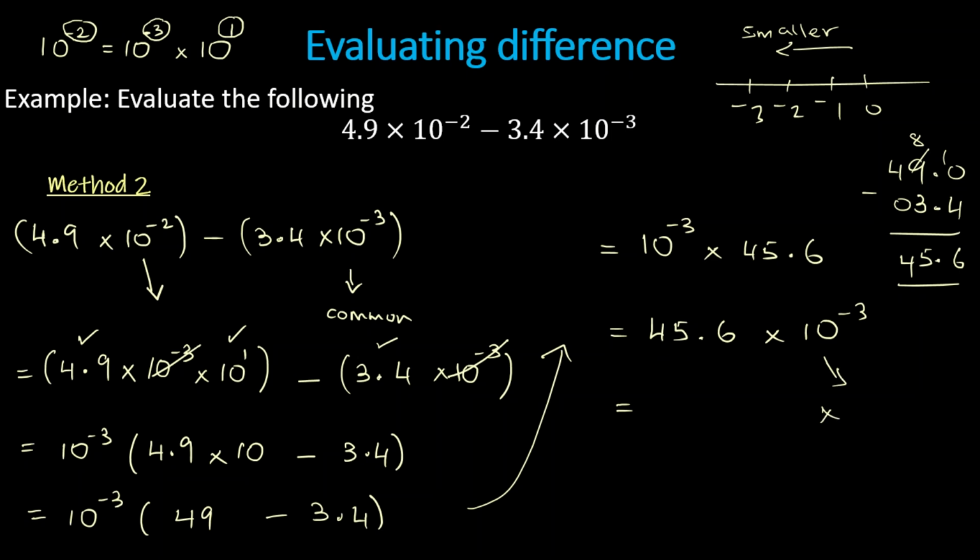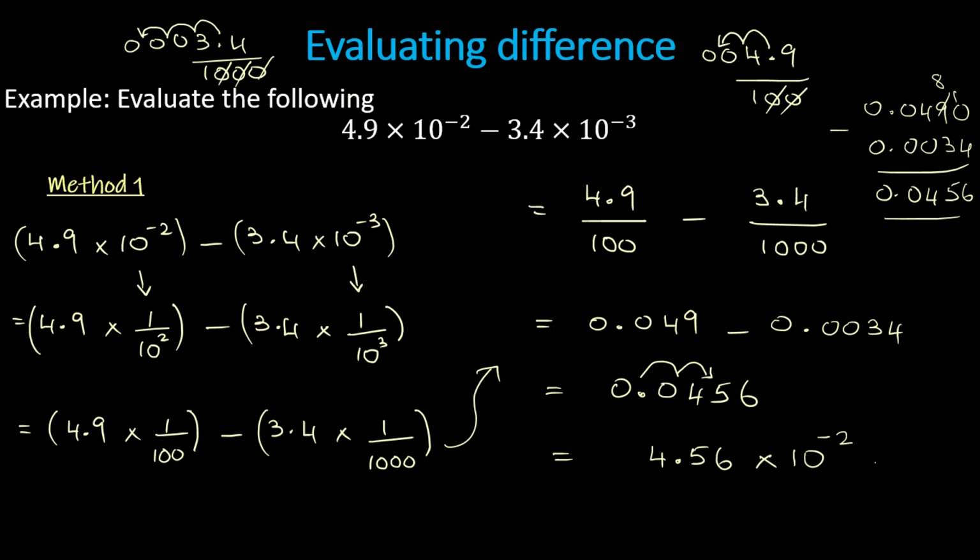We keep the 10 power negative 3, right? 45.6, we have to move the decimal to the left by 1 decimal place, meaning 10 power 1, and we use the multiplication law of indices, which gives 1 plus negative 3 is negative 2. Okay, so this is it, the same answer as in the previous method.